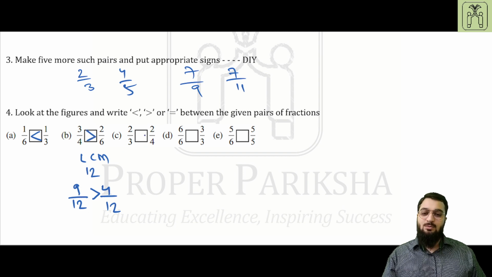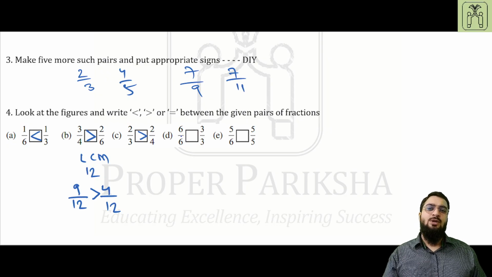2 upon 3, 2 upon 4, again 2 upon 3, the denominator is smaller, so greater the fraction. Over here we see that 6 upon 6 and 3 upon 3 are there, so both the numerator and denominator are different. But you need to understand that we have learned a topic of equivalent fractions, or simplest form of fractions. Before comparing, I also told you when we were discussing comparing fractions that we have to make sure that the fractions are in their simplest form.